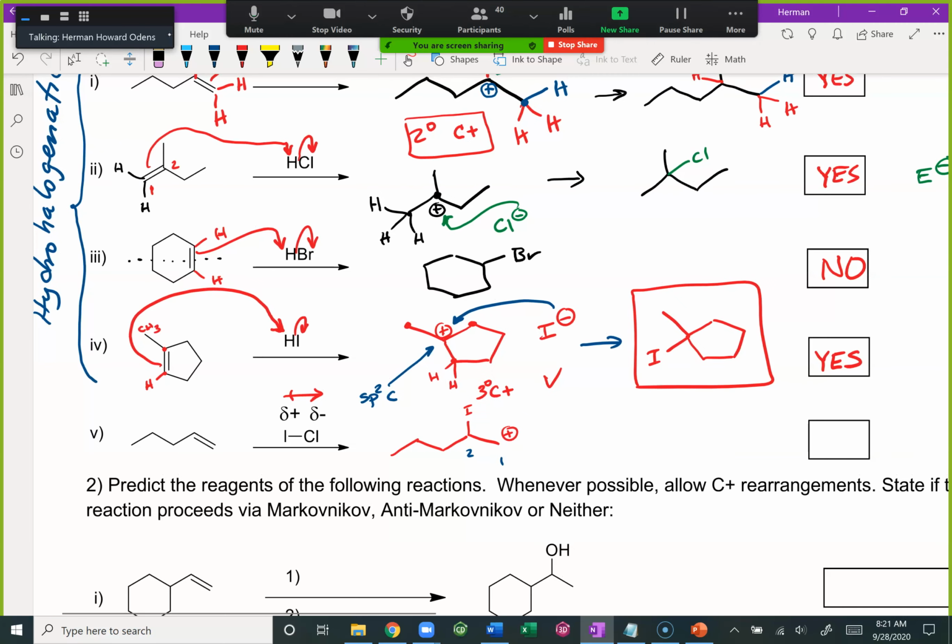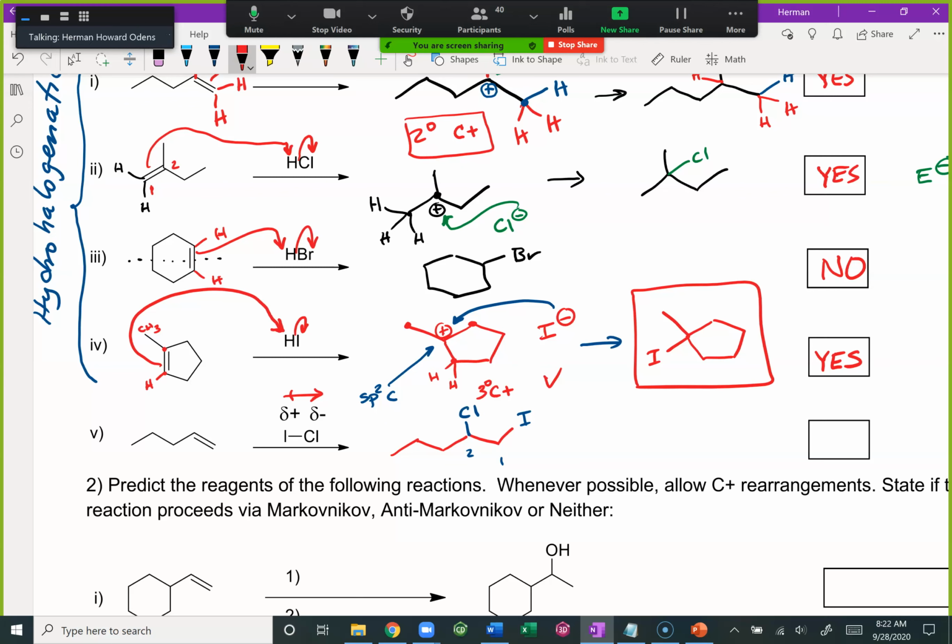So I'm forced to put the iodine here so that the electronegative chlorine comes and attacks here. And now you have this.